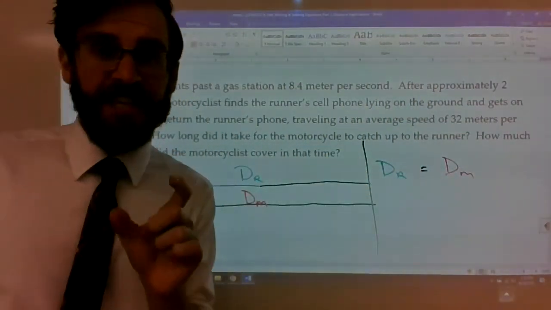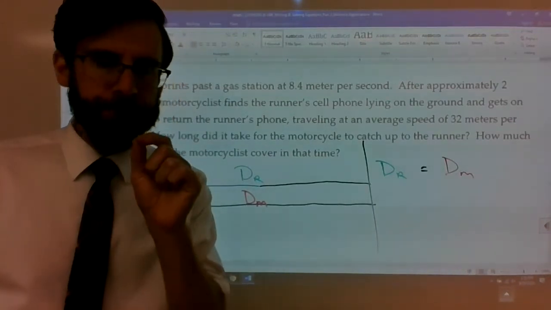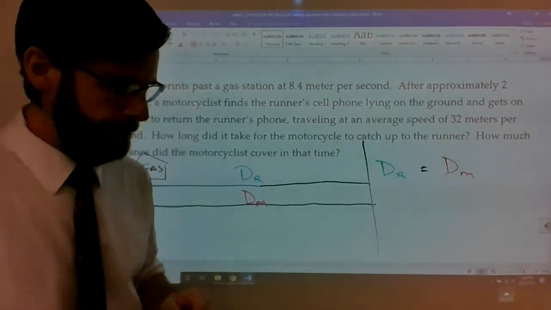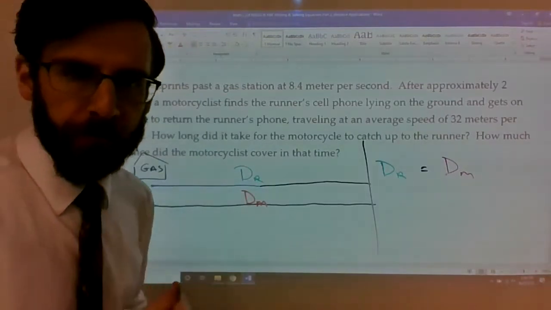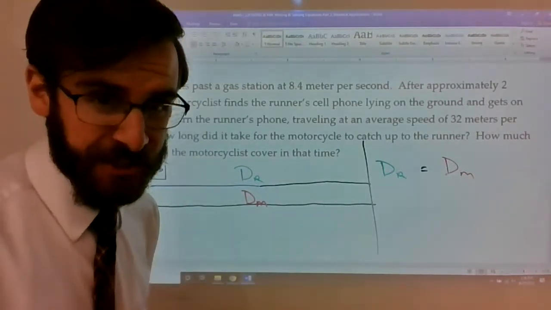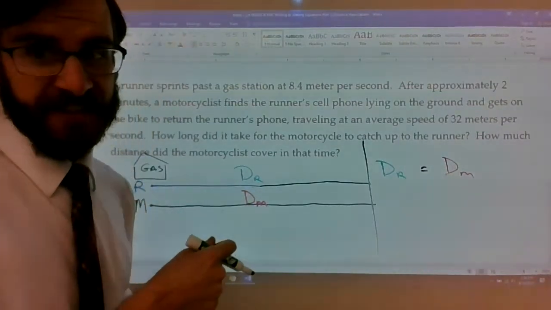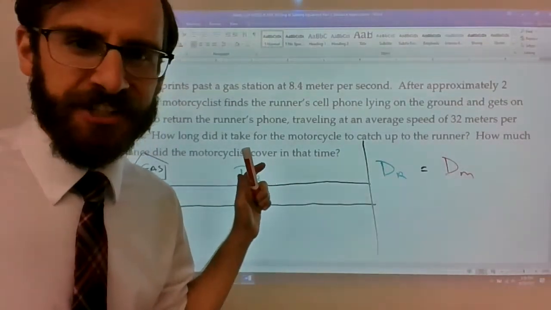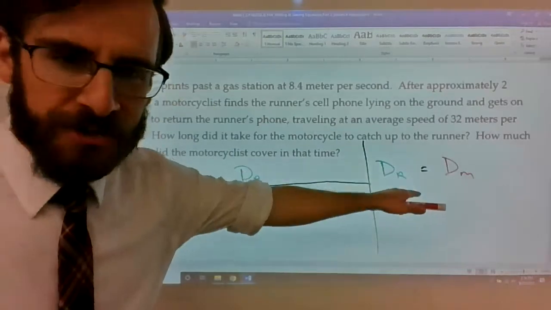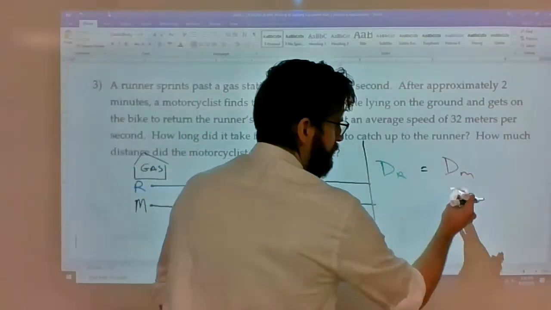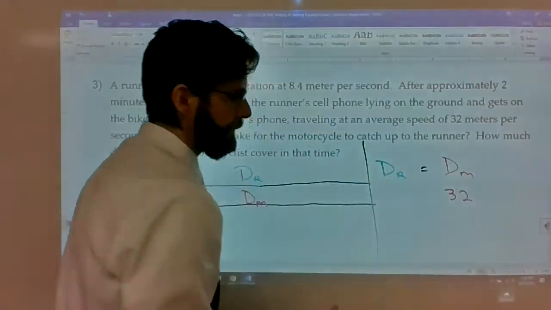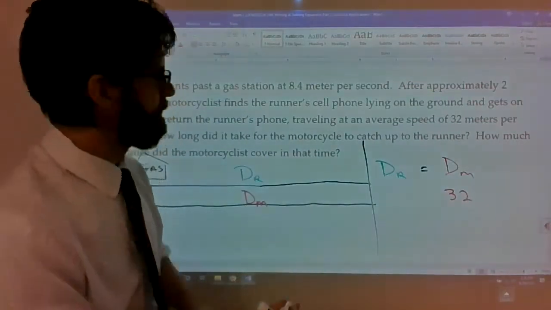So to make things easiest on yourself, write this down. Always go from the perspective of the faster runner or the faster mover, in this case the cyclist. So we make this easy by just saying the motorcyclist is going 32 meters per second times t.